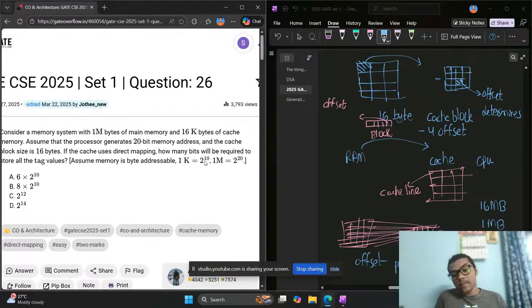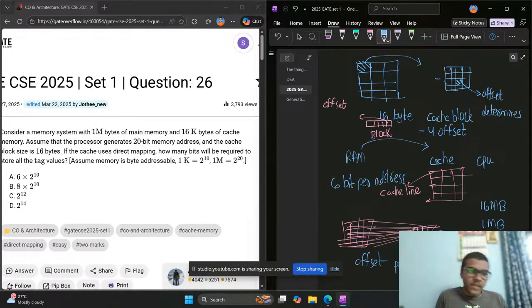Yes, a 20-bit memory address system. So 6 bits per address, and how many of such addresses are there? There are 2 power 10.